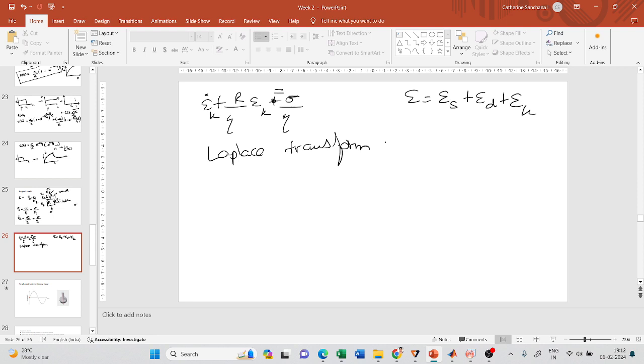So what will this Laplace transform do? Whatever is there in the differential form, I will rewrite in such a manner that it becomes an algebraic equation, so that I can easily work with it. And then if I do the inverse Laplace transform, it will go back to the differential form. So that is why we use this Laplace transform.